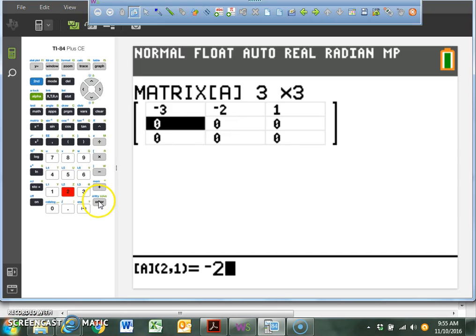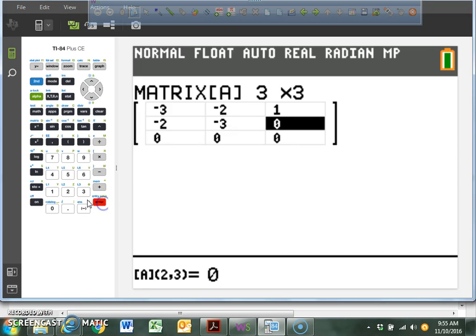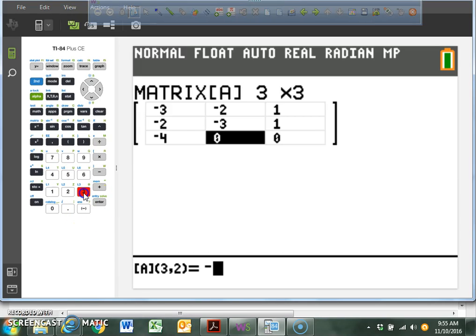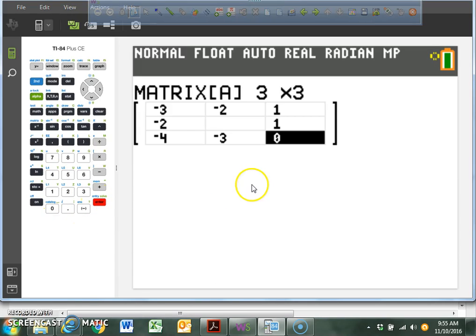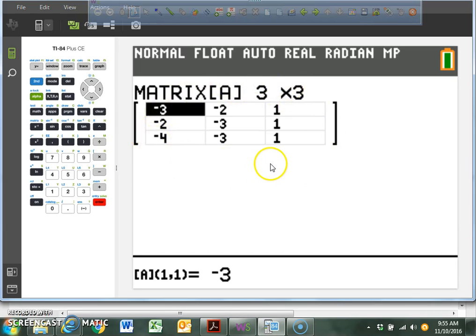Then -2, -3, 1. Then the final row: -4, -3, and 1. Get this built exactly in the correct order.